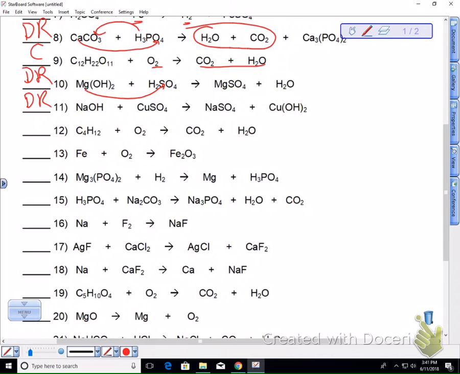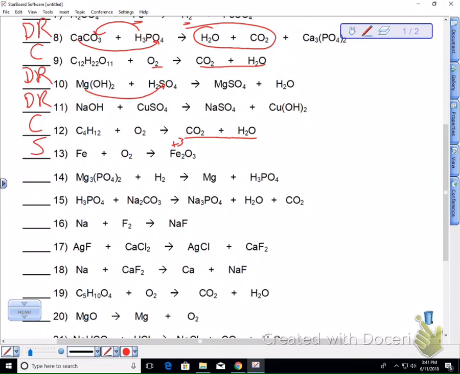Number 12, CO2 and water, combustion. Number 13, 2 elements by themselves make 1 thing. It looks like a synthesis. Could that be combustion? The answer is yes. Remember I told you combustion reactions are a type of synthesis reaction. This time we'd be combusting iron, which is just oxidizing iron to its highest charge, which is +3. And that's exactly what you see here. So either one would be okay for that one.